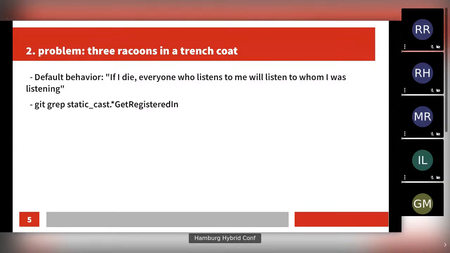And then later, it says, well, I know I listened to that thing, so I know the type of that thing, and I can easily statically cast to whatever I had there. But the default behavior of this, and that probably made sense in one very specific corner case of layout, so you can't kill it, is when the thing that you listen to dies, it just makes you listen to whatever it itself was listening to.